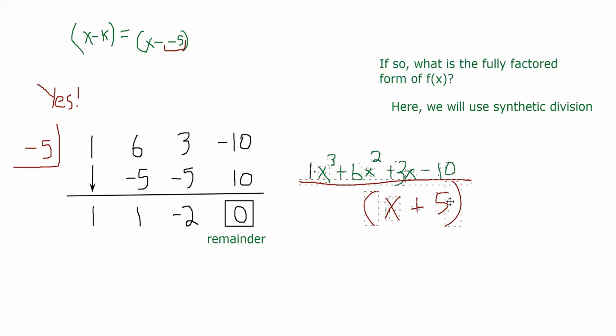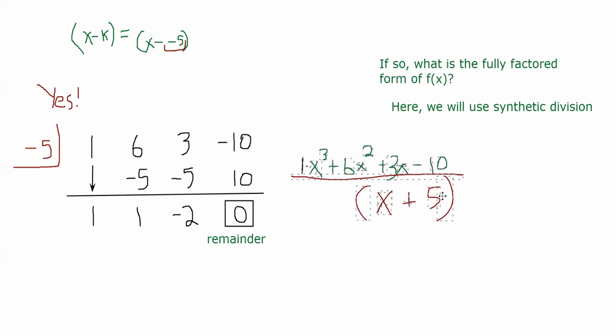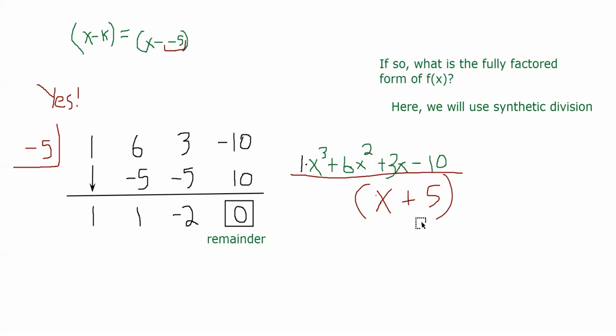that means that x cubed plus 6x squared plus 3x minus 10 divided by x plus 5 is equal to, now we can read these things down here as the coefficients of a polynomial that is 1 degree less than what we started with. So we started with a 3rd degree polynomial. Now these are the coefficients of a 2nd degree polynomial written in order.